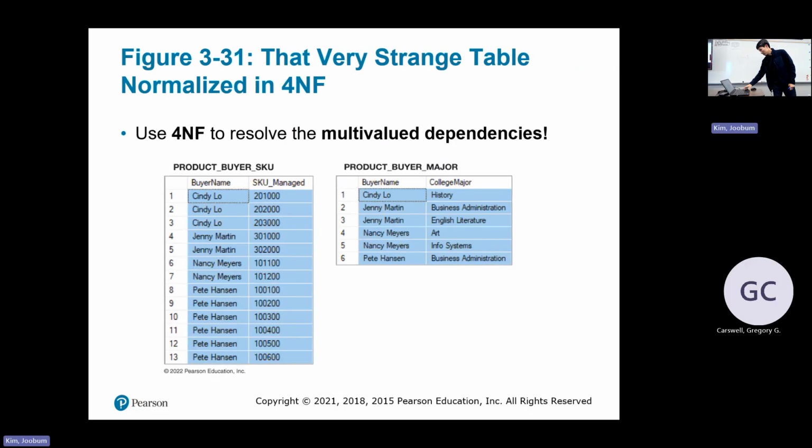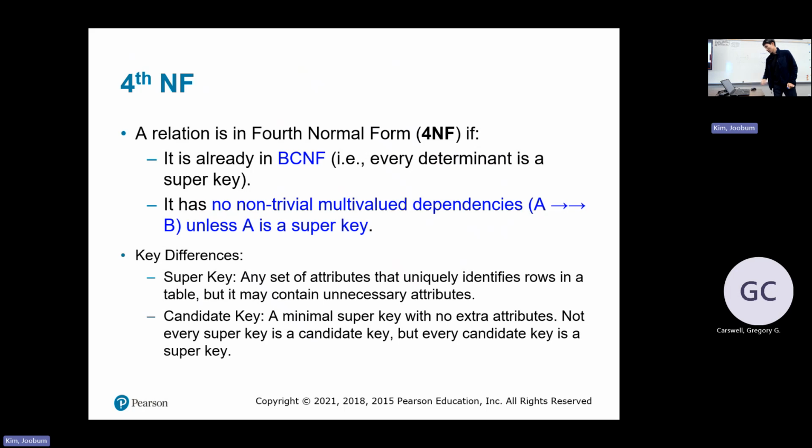So, almost the same example. Again, with the simple example. A relation in fourth normal form satisfies two conditions. First, that relation must be in BCNF. And another one: no non-trivial multi-valued dependency unless A is a superkey.